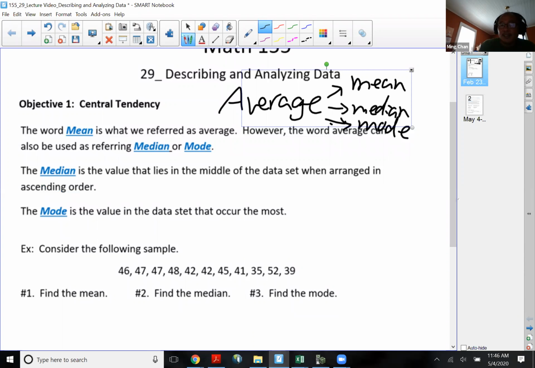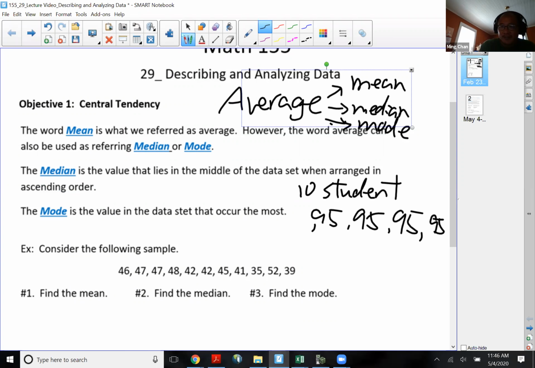If half of them are making 95s, a couple of them make 80s, one makes a 60, where do you think the class average is going to be? Does it tend to be in the 90s, the 80s, or below 80?